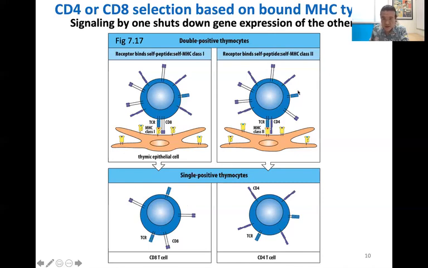All right. On the other hand, this other thymocyte over here, its T cell receptor binds to MHC class 2. So its CD4 co-receptor confirms, yes, we preferentially bound to MHC class 2. So therefore, this cell then turns off any further expression of CD8, and it becomes CD4 single positive, right?